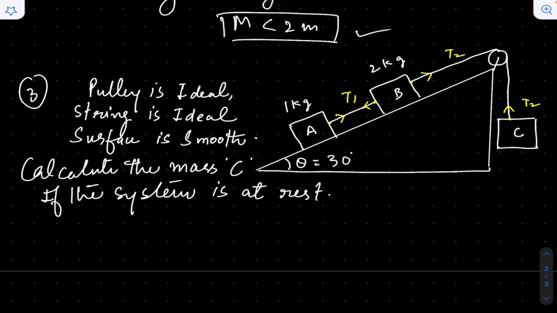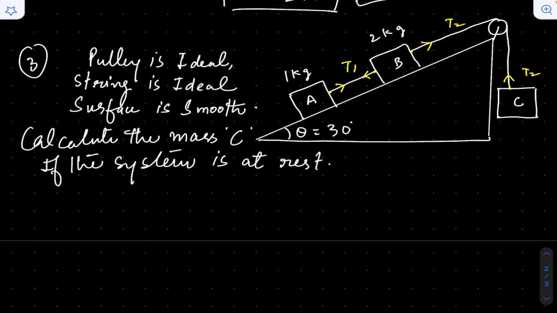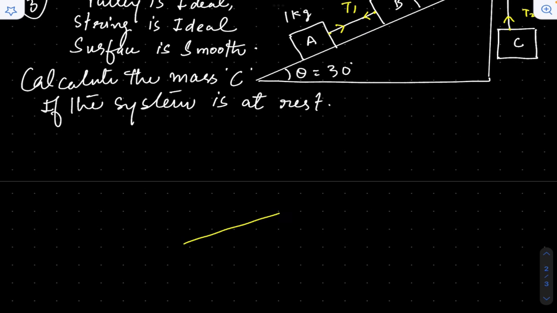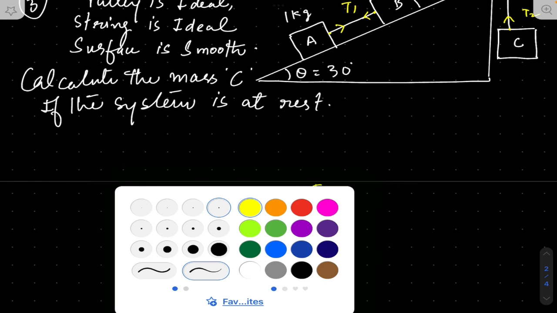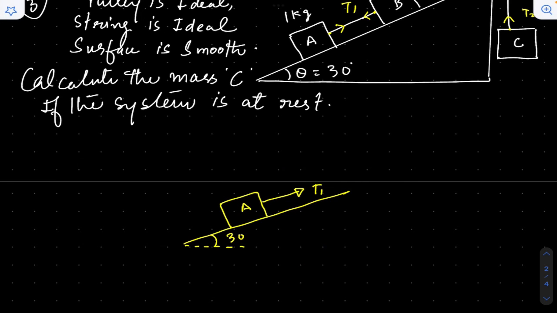So let us draw the free body diagram for A. Block A is something like this, and this is angle 30 degrees. A tension T1 is acting in this direction, but gravitational force mg is acting in this direction.